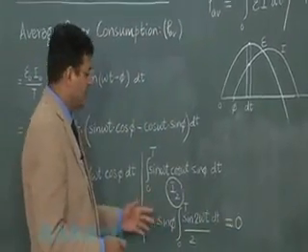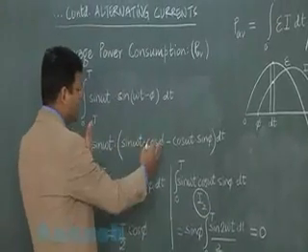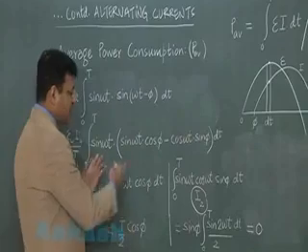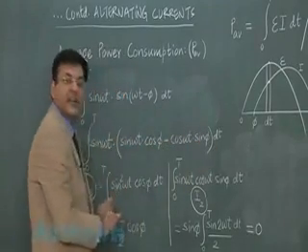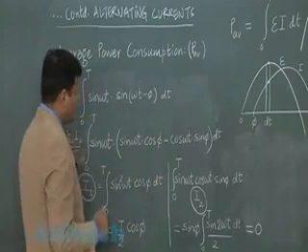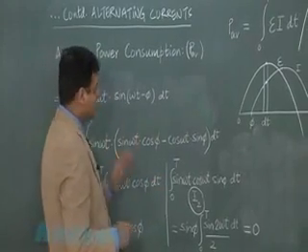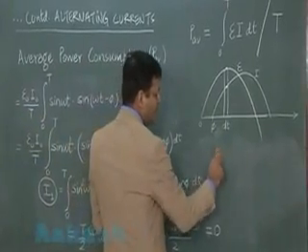You understand? If you now consider the complete integration, then the first part is giving you some value cos phi into T by 2, but the second part is giving you an integration that is coming out to be equal to 0.